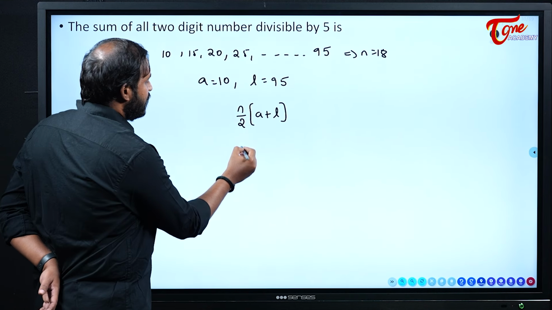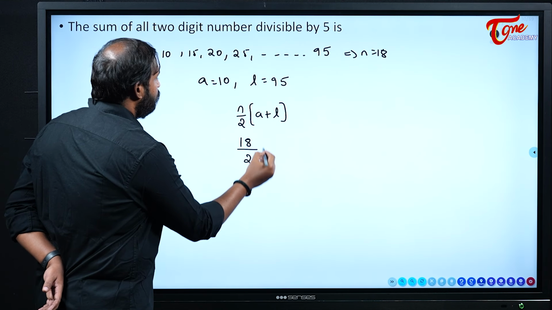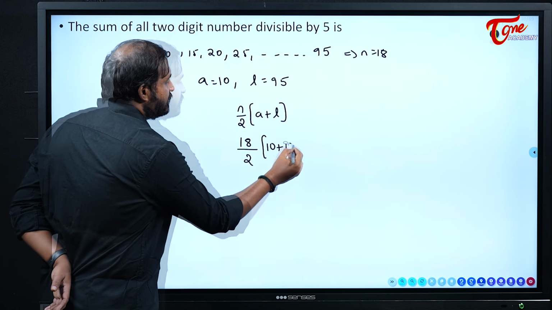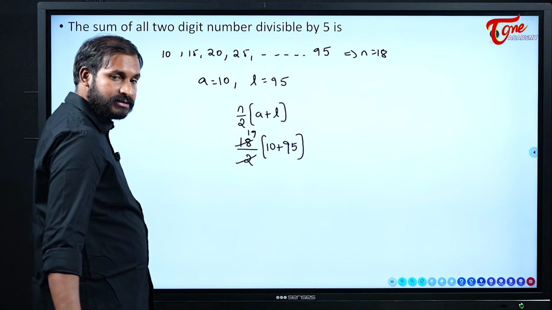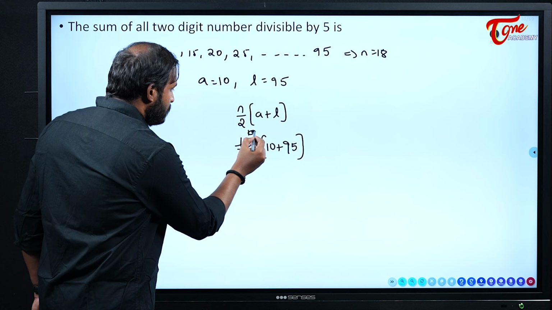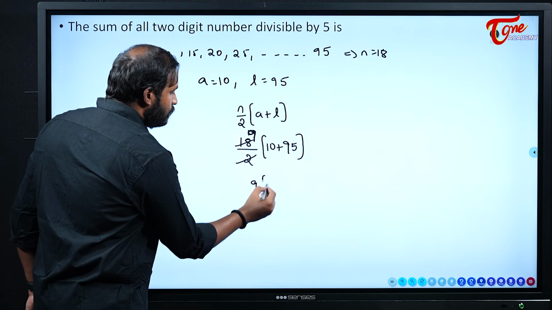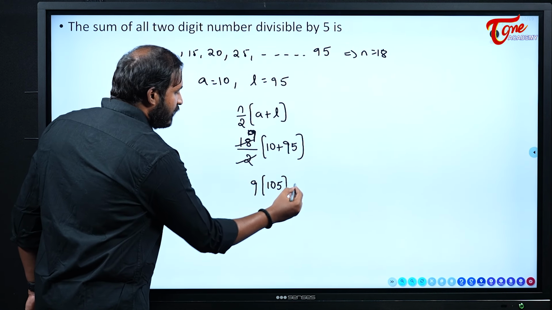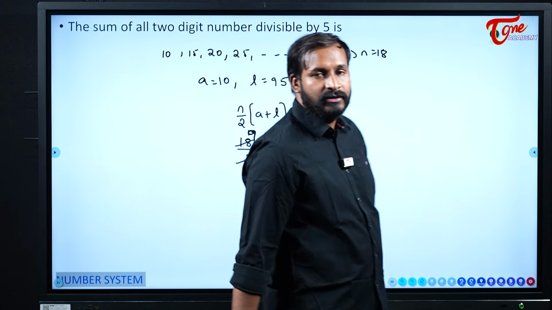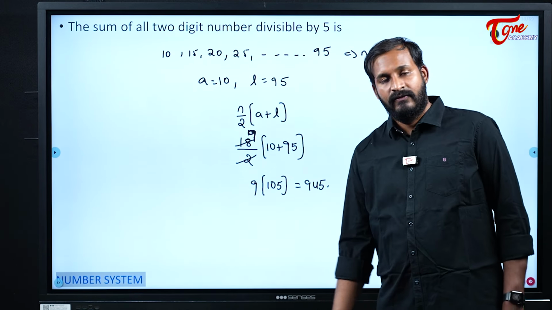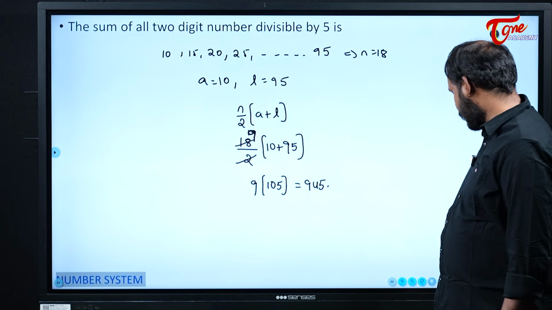So 18 by 2 into 10 plus 95. So what you will get? 9 into 105. 105 9s are 945. So this is the sum of all the 2-digit multiples of 5. Next one.